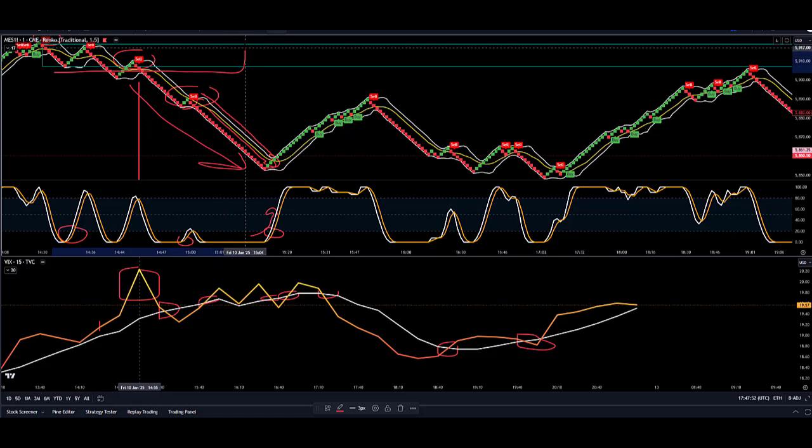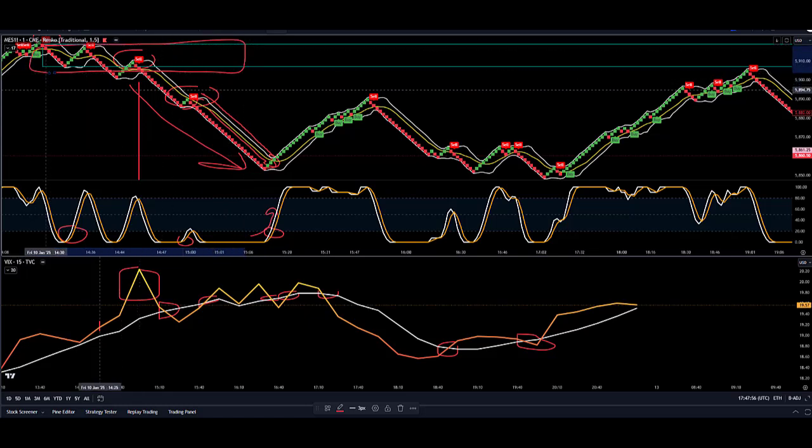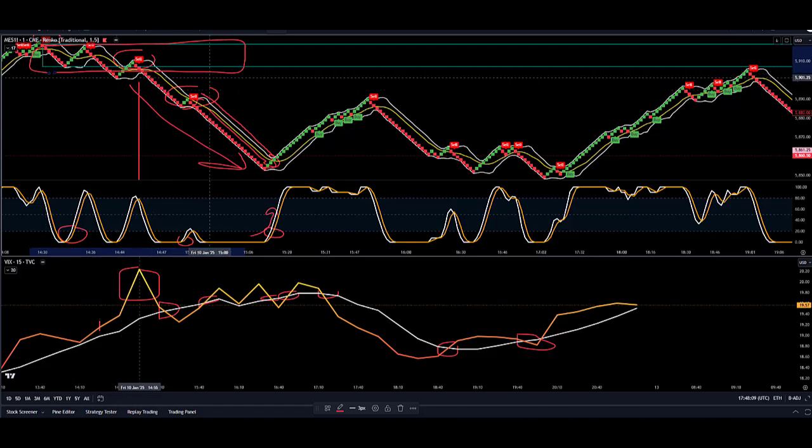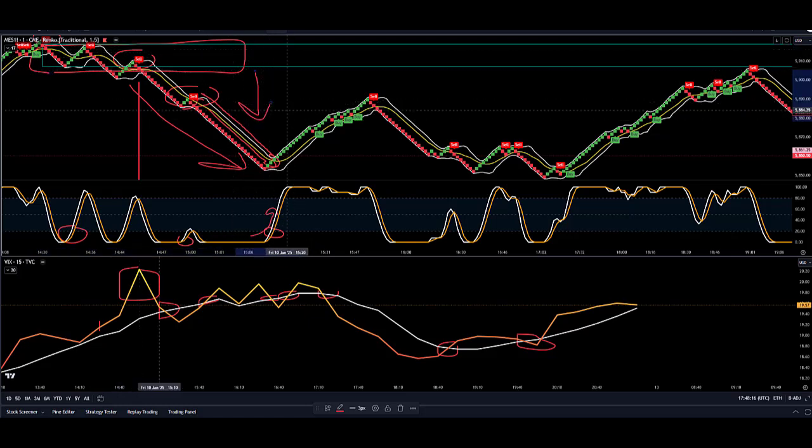Another big filter that I use on here is this ORB, the opening range breakout. Now this kicks in at 2:30 p.m. UK time when the US stock market opens, so adjust it accordingly to your own area, wherever you're trading in the world from. But what I also do to filter is that I only take sell signals if it's below the ORB, so below there, sell.